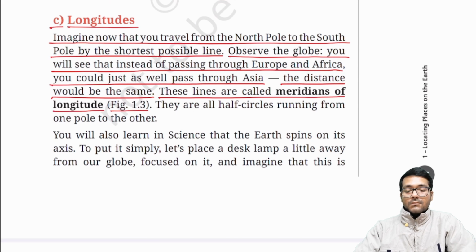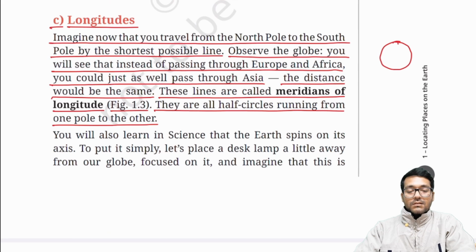Figure 1.3. They are all half circles running from one pole to the other. Suppose this is Earth, then all the semicircles in vertical direction like this, joining the two poles, will be the meridians of longitude.